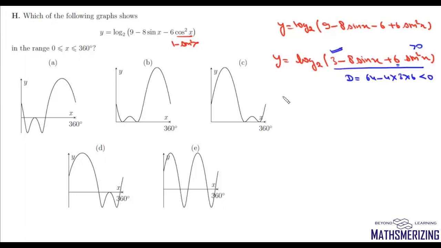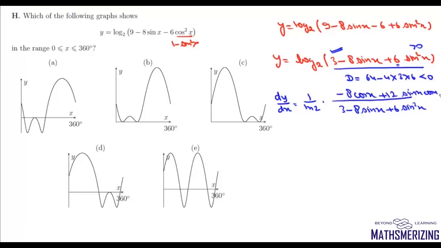Now we'll find its critical points. dy by dx will be 1 upon ln 2 divided by 3 minus 8 sin x plus 6 sin square x, and here will be this minus 8 cos x plus 12 sin x into cos x.